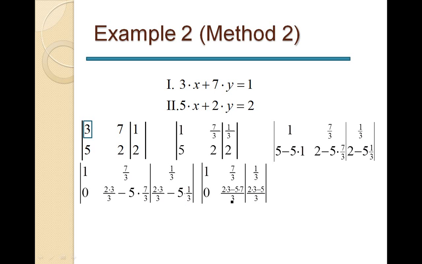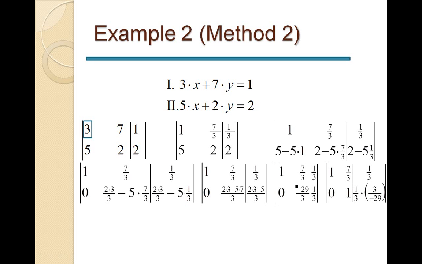So this simplifies to the following. I won't mention the first row because I don't change it anyway. We have 6 minus 35, which gives us the minus 29 that we met before, over 3, and on the right hand side we get 1 over 3. Next I have to multiply it with the inverse, or the reciprocal, of that.